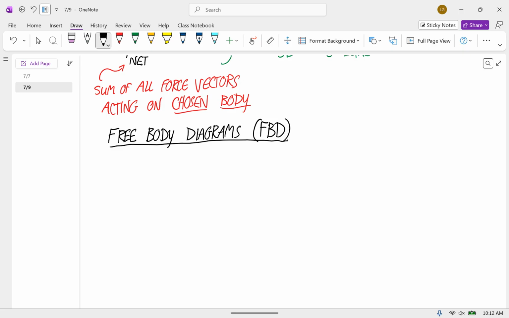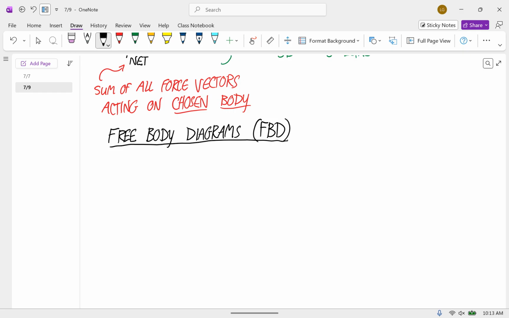And why is it called this? Well, it's a diagram, and it represents a single body, a chosen body that you have to be very specific about. And the free means that you remove it from everything that's going on. You remove it from all that, and you replace all that just with the loads that those things represent.